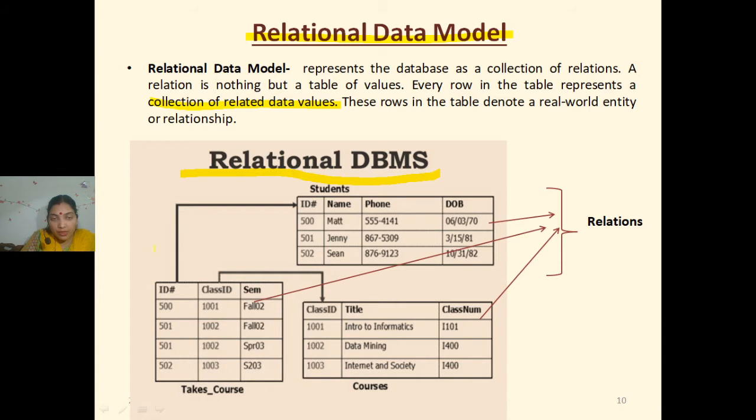This 1001 is connected to this class ID. So what is 1001? It is a course which talks about intro to informatics. So just see the linkages from one table to another table and from another table to another table. It's not necessarily only three linkages. It can be as many as possible. And for this reason only it is called a relational data model. And these tables are called relations.